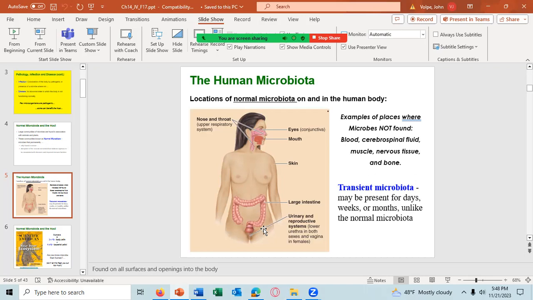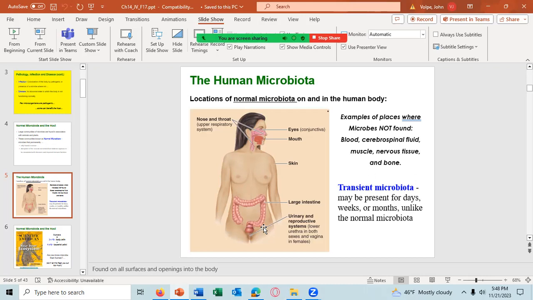Places where the normal microbiota are not found include the internal tissues and organs. So tissues and organs, such as the blood, the cerebrospinal fluid, muscles, nerve tissue, and bone tissue. Any question about the normal microbiota?